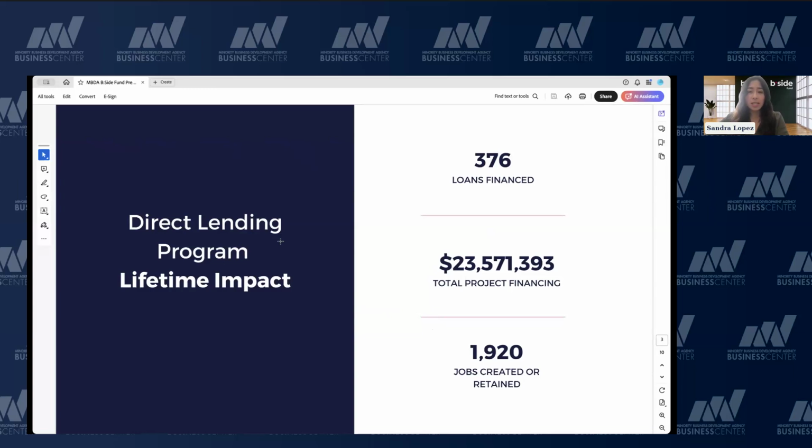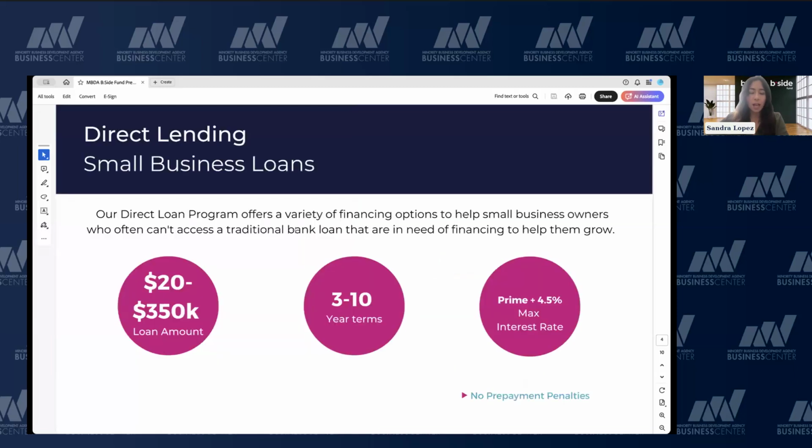Outside of the SBA, we have a direct lending program, and over the years we have financed more than 300 loans, with more than $23 million in financing, helping create more than 1,500 jobs in our economy, which we feel very proud of.